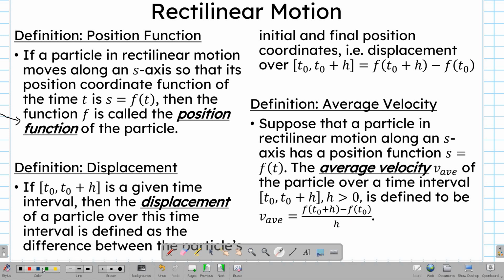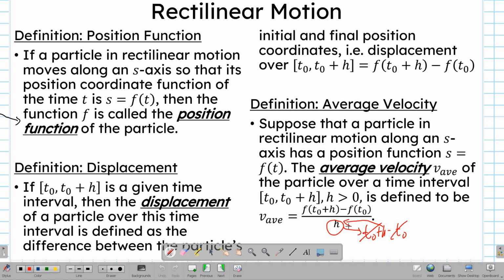This h came from the fact that this is from t sub 0 plus h minus t sub 0, the difference quotient that we have seen in many examples before in our class. So t sub 0 plus h minus t sub 0, this gets cancelled, hence the h. So that is average velocity.